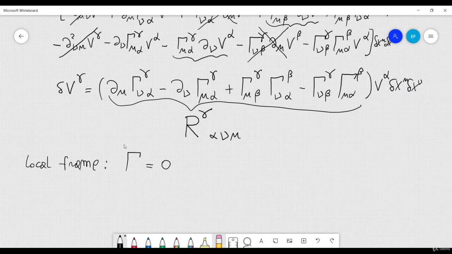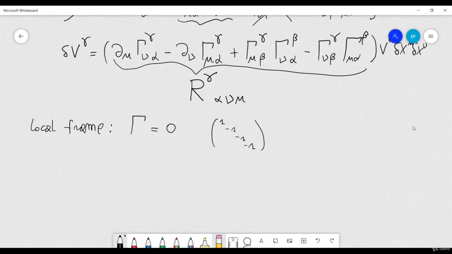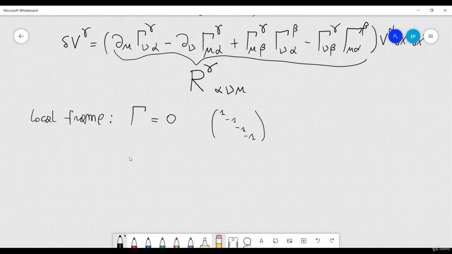The metric tensor will be something like this. I will represent it using this matrix: 1, minus 1, minus 1, minus 1, just like this. Okay, and in this case, the Riemann tensor can simplify a little bit, because you can see that these products will cancel. So they will be equal to 0.